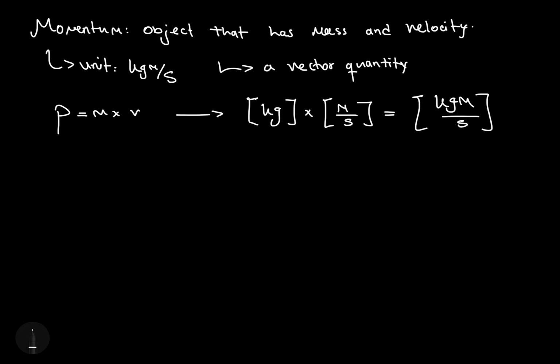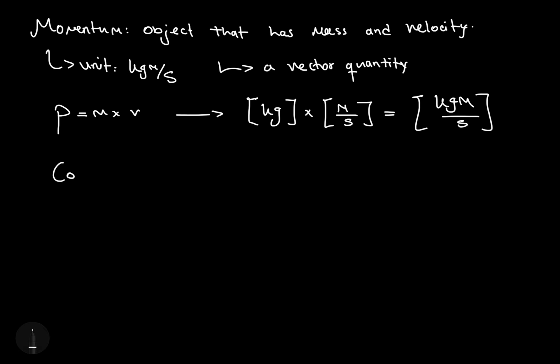Now, one important thing to remember and understand is the conservation of momentum. And conservation of momentum, just like conservation of energy, is a simple law that is referring to the fact that something doesn't change.